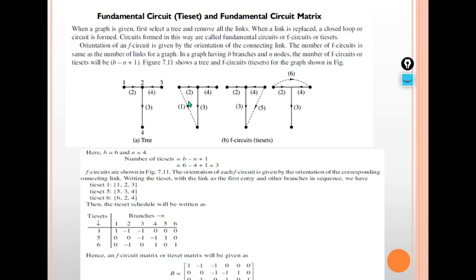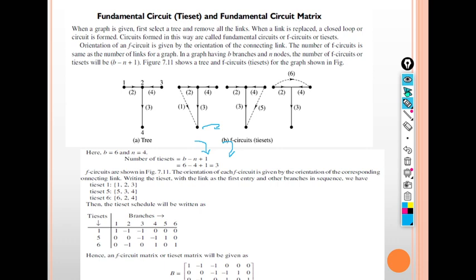So if I take this loop here, this is the direction now, right? Because this is the same direction, and we will take the link direction.